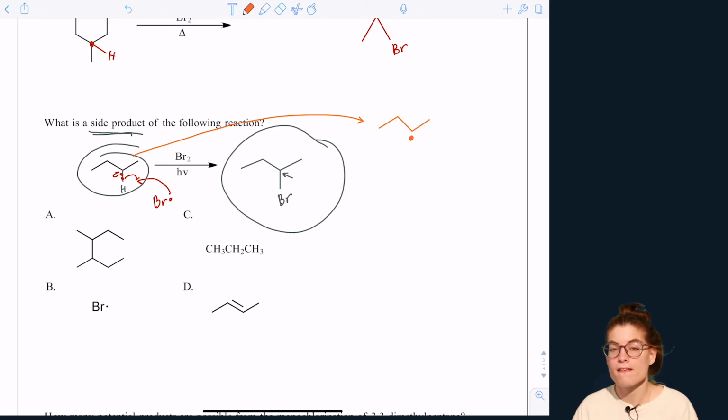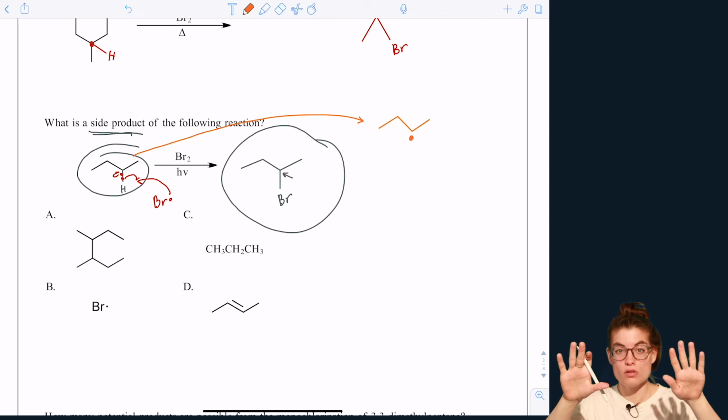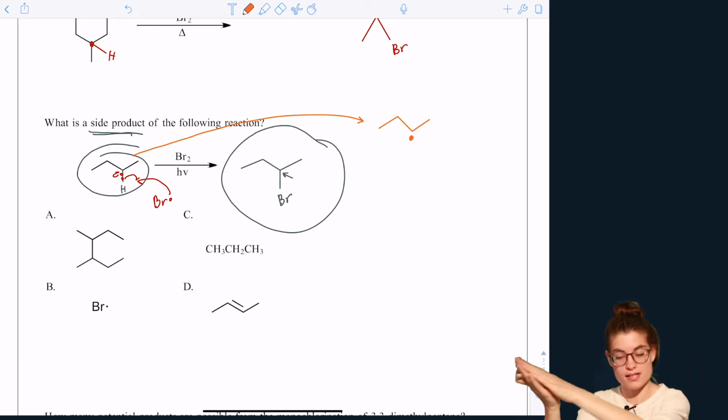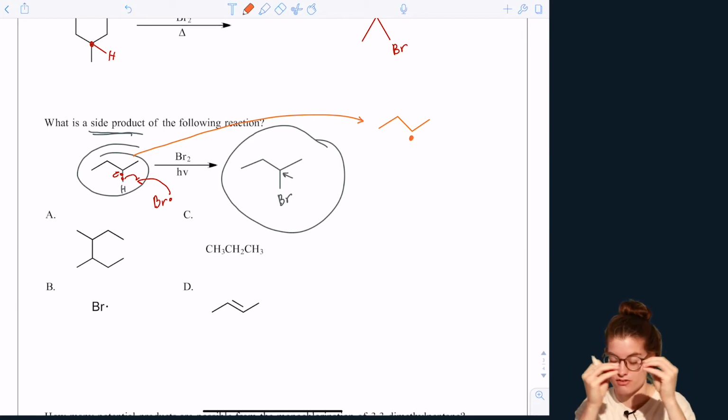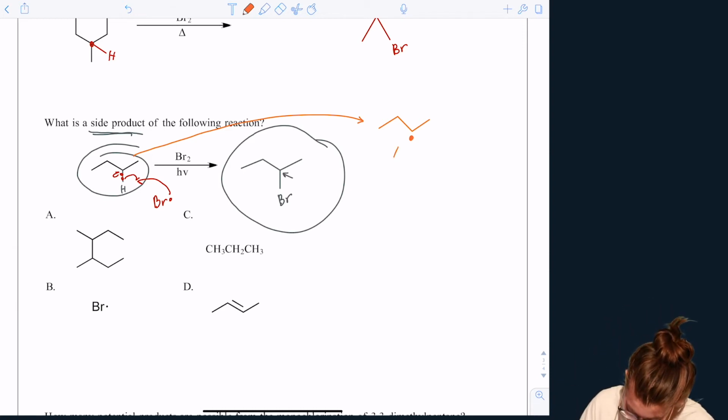So now that I know what my radical alkane looks like, I just have to put two of these together. And remember, the easiest way to go from the radical molecules to the product is to draw it so that the radical electrons are facing each other, okay? So I'm going to draw this molecule twice where the radicals are facing each other. So that'll look something like this.